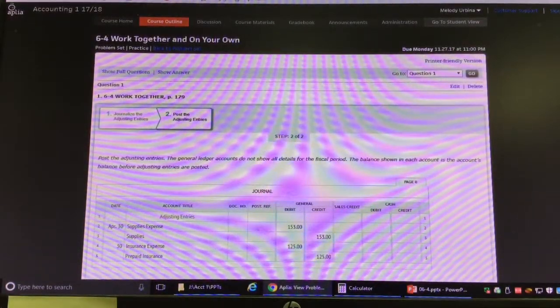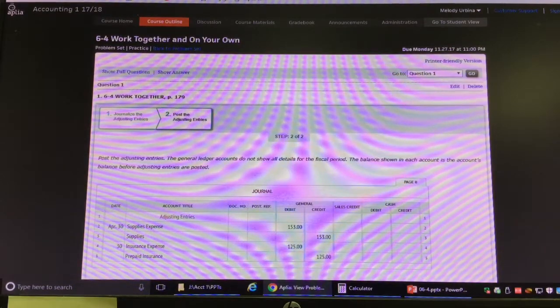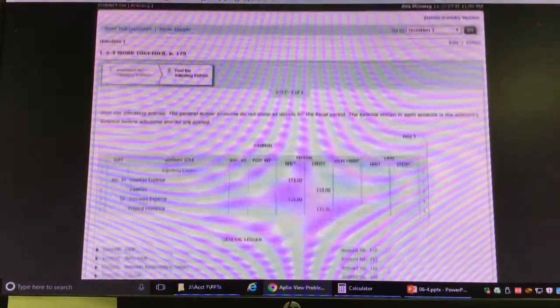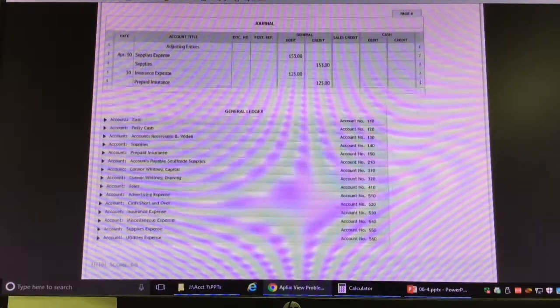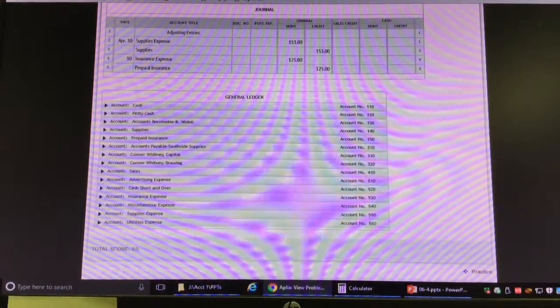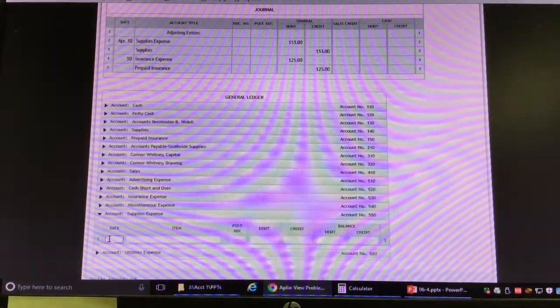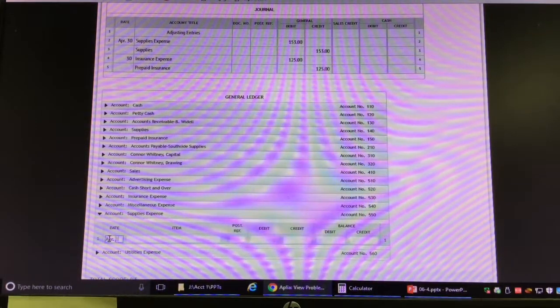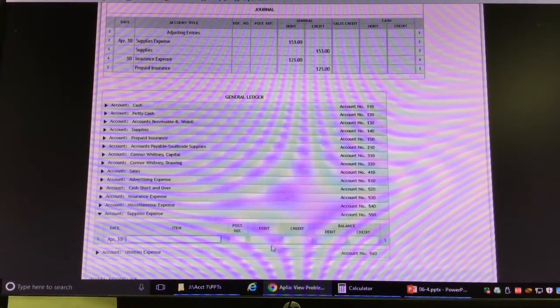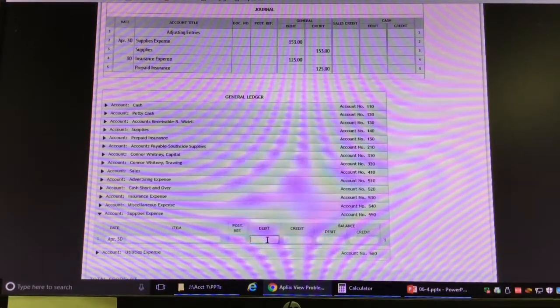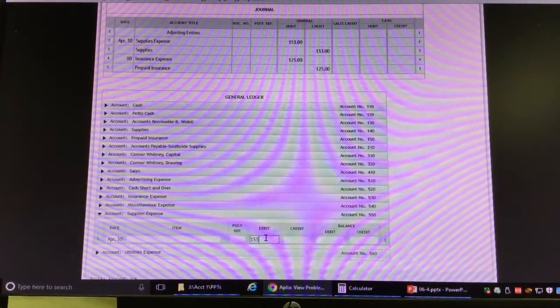Now we need to post these amounts to the four accounts. I always recommend that you go in order as they're listed in the journal. I'm going to go to supply expense first, and on the date of April 30th, I don't have to write anything, and it's a debit of 153, so now I have a balance of 153.